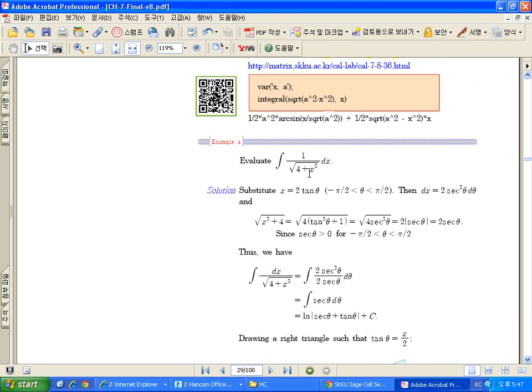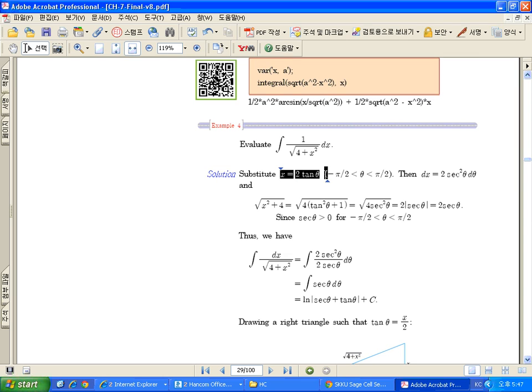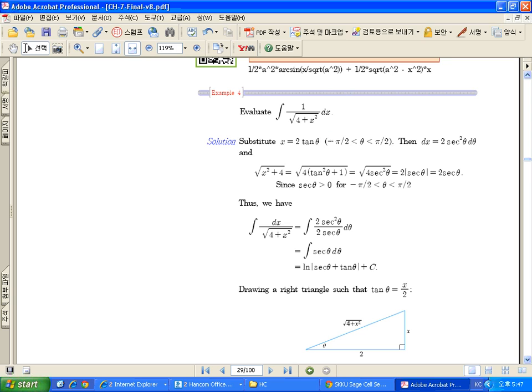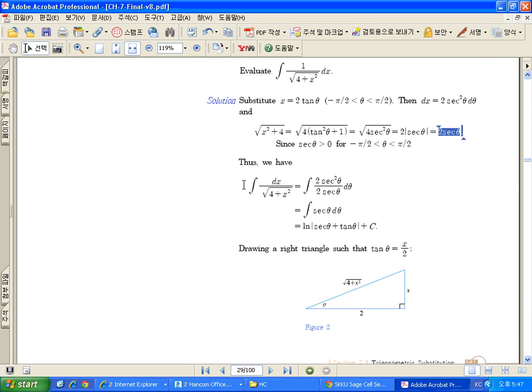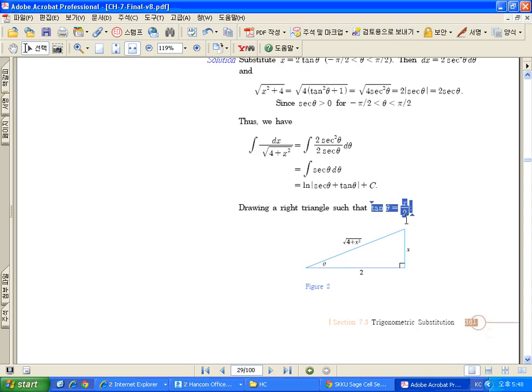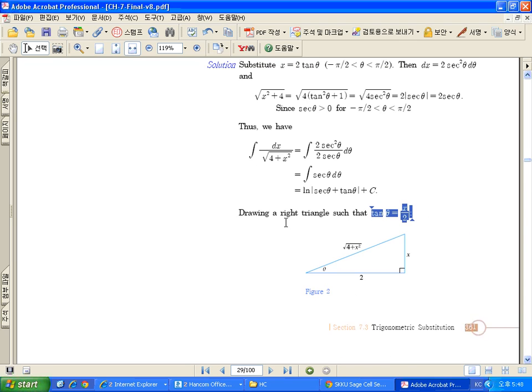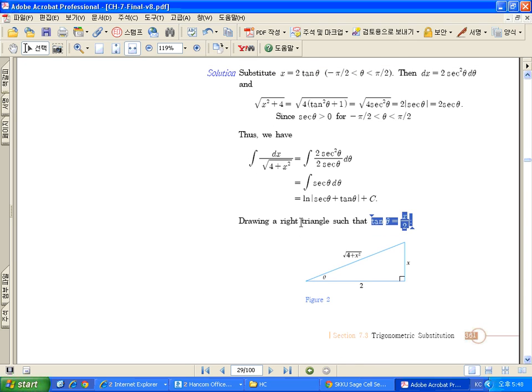Integral of square root of 4 plus x squared. Here we need to use the tangent theta substitution with this angle. And then square root of x squared plus 4 can be written as 2 secant theta, which gives us this integral of secant theta d theta, like this. Then we substitute it to get what you like to have.